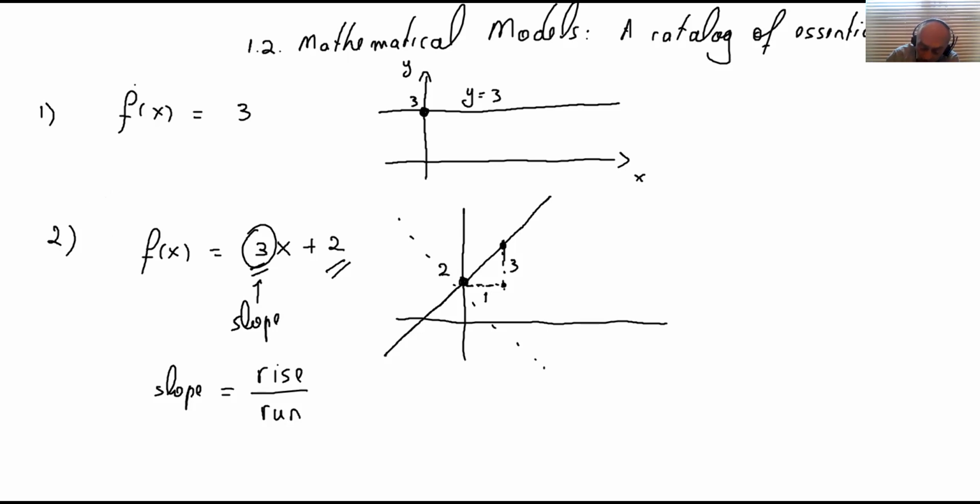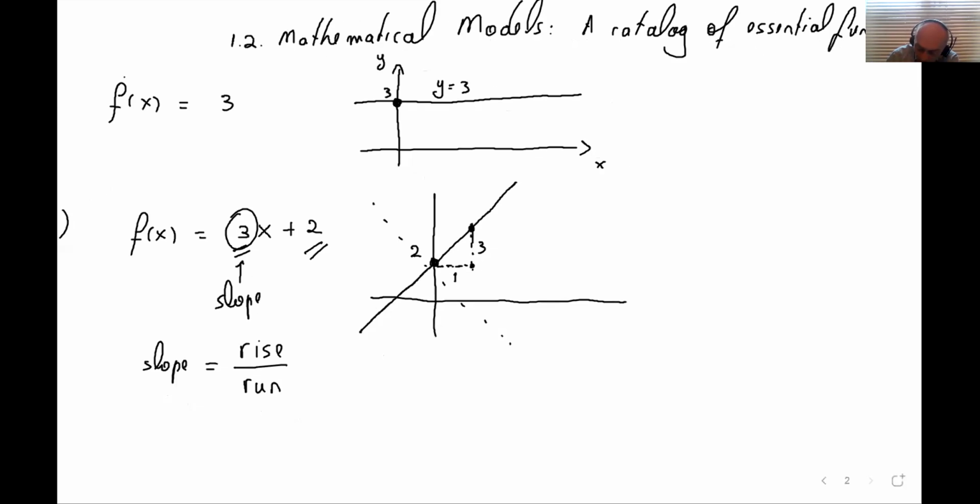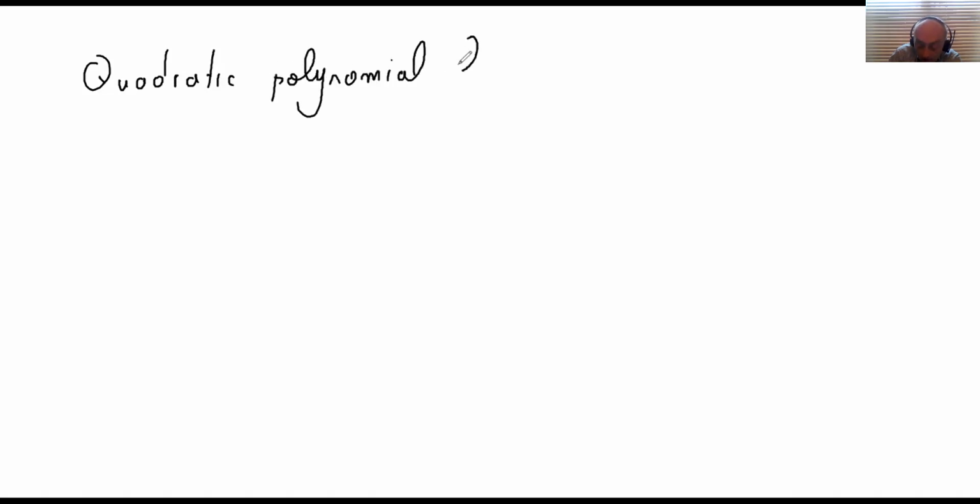Now, there are some things that we don't use that often in calculus, but they're nice to know. I am going to put here quadratic polynomials, or polynomial functions, let's say. Those are important especially for physics majors or minors.